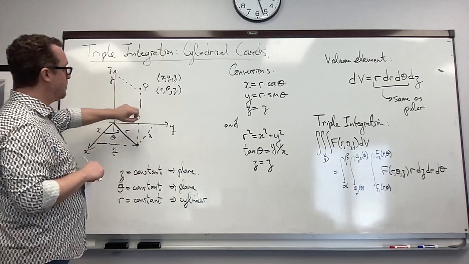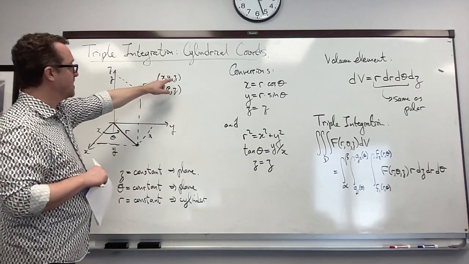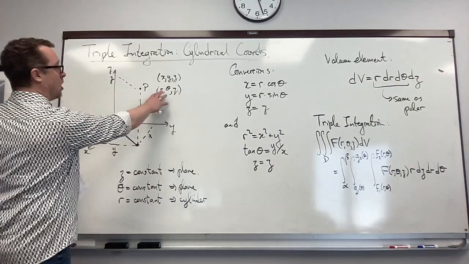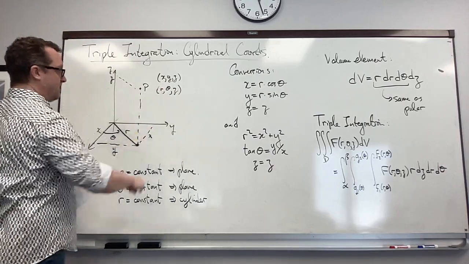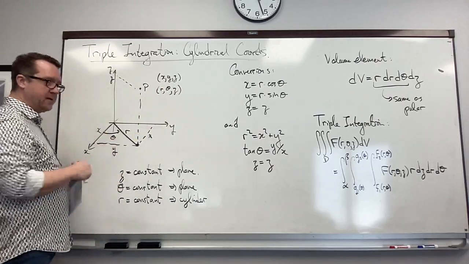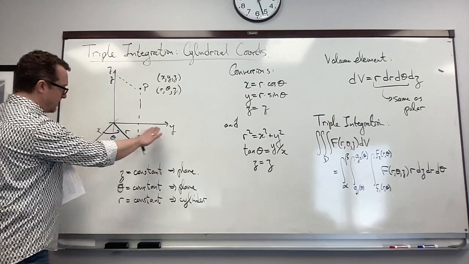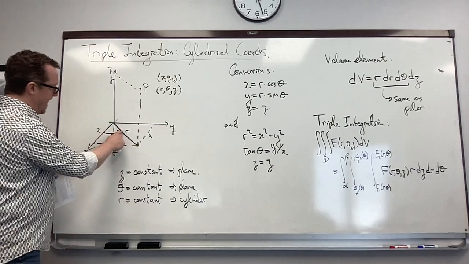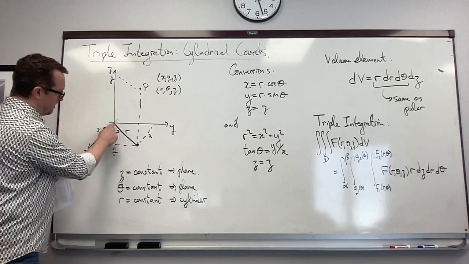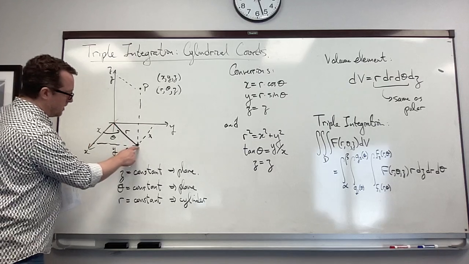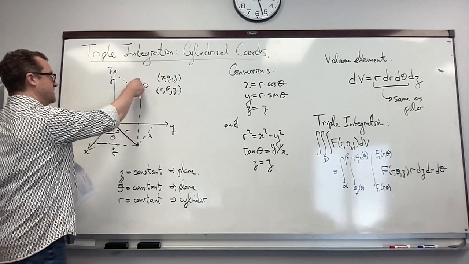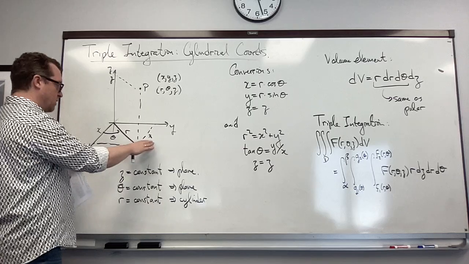And we're going to refer to that point as either an ordered set x, y, z, or r, theta, and z. So r and theta have the same definition as they have in polar coordinates. So if we just look at the xy plane, theta is the angle of the ray from the origin to this point, which is the vertical intercept in the xy plane.